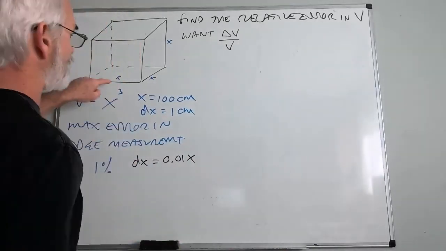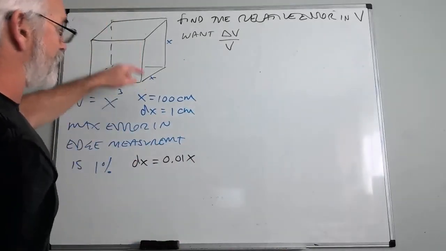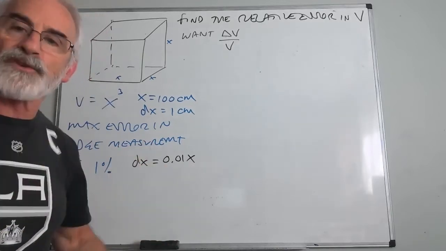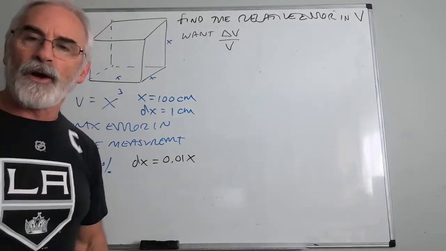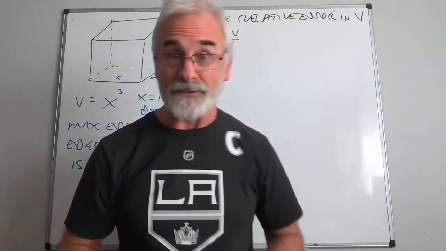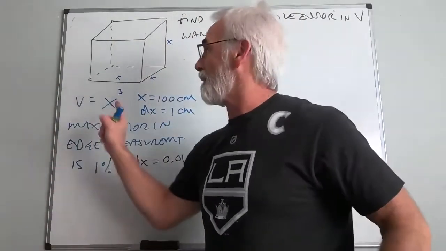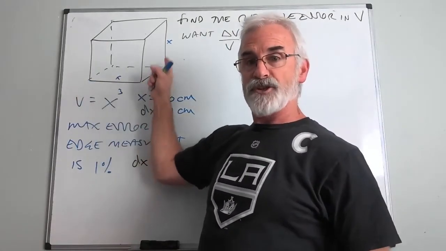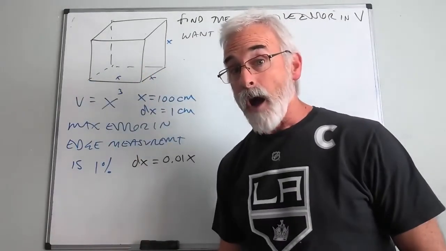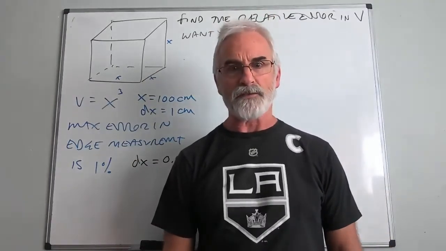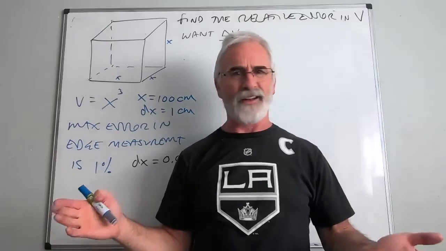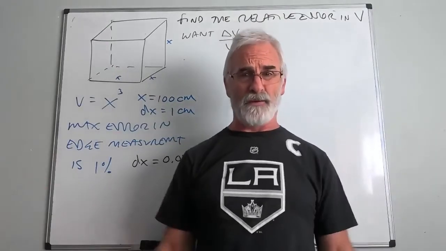So if this is supposed to be 100 centimeters by 100 centimeters by 100 centimeters, a cubic meter, then what's the most my volume can be off? Well, in reality, what you would actually have to do is consider everything between 99 and 101 for each edge. But wait a minute, isn't that an infinite number of values? If I said every number between 99 and 101, not every integer, every number, there's an infinite number of numbers.